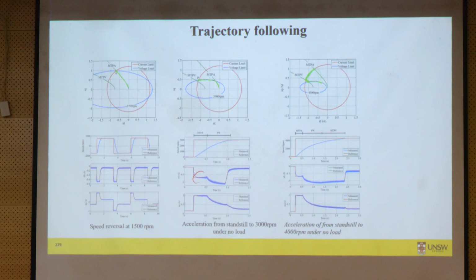So in MTPA, ID current was here. In flux weakening, ID current was dropping. And then during flux weakening and MTPP, the ID current was lower and dropping. And then once we got the steady state, it has come back to a lower value because we are applying low torque here.